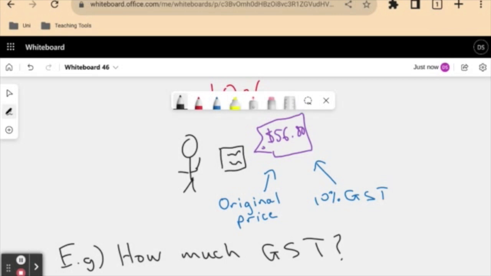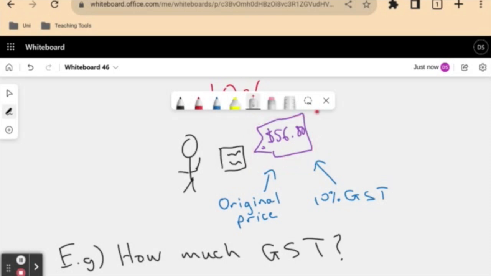Now, before we move on with this, there's something important we need to consider, because you may be inclined to just jump straight into it and go, all right, cool, I know that 10%, I can find 10% of this price and I'm golden, right?